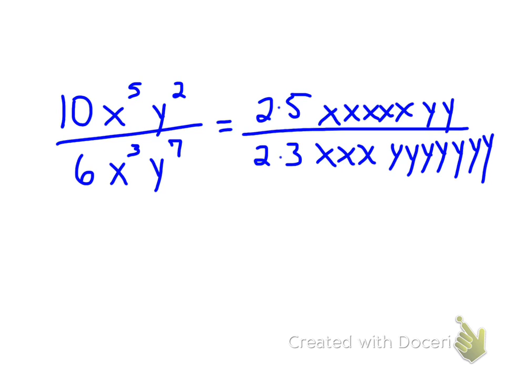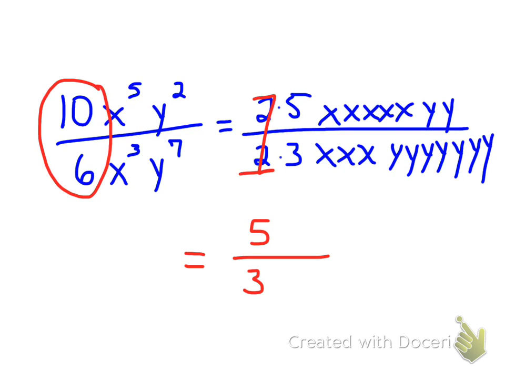Again, if I use the idea of giant ones, 2 divided by 2 will be my giant 1. So if I start thinking about my answer, I have a 5 in the numerator and a 3 left in the denominator. So just from simplifying the 6 over 10, that simplifies down to 5 over 3.